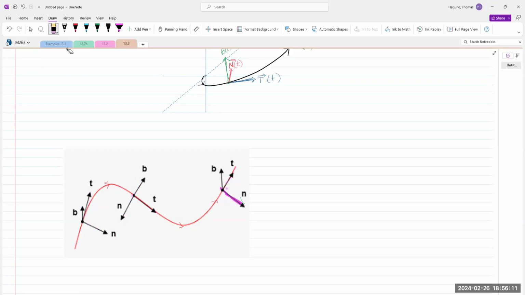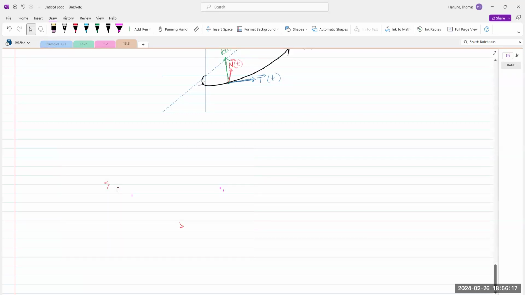Now the thing is, let me delete this. We have some planes that we need to be aware of. Suppose I have a curve. Maybe I redo it again.